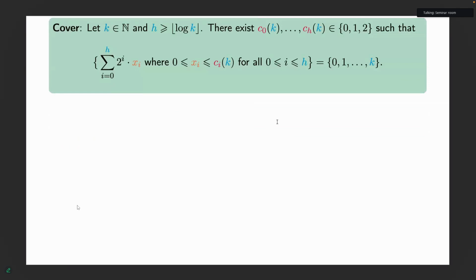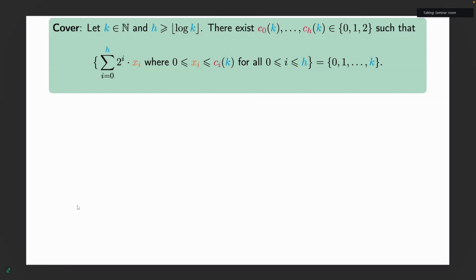Let me tell you a nice statement that we use in ILPs a lot. This is something that we call cover. I'm not sure how surprising it is. It was quite surprising to me, though not when I see the proof. Imagine you have some integer k and some bound on h.